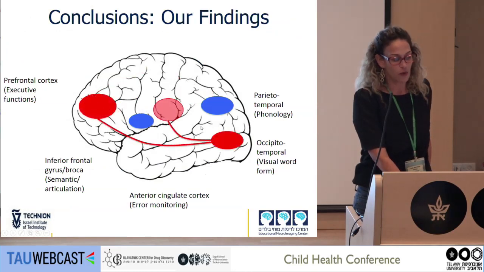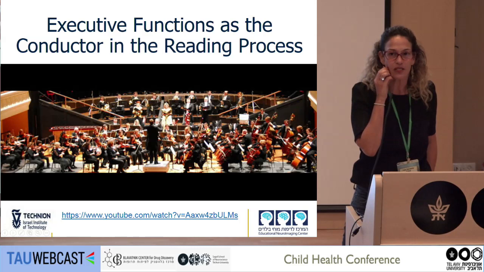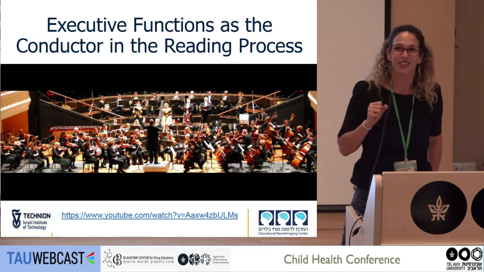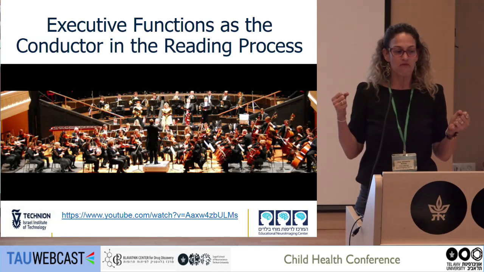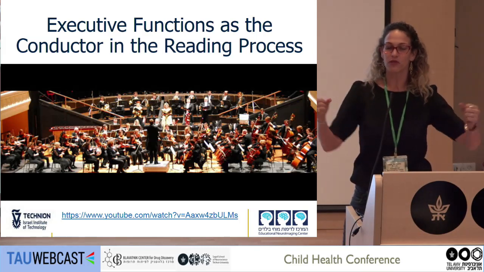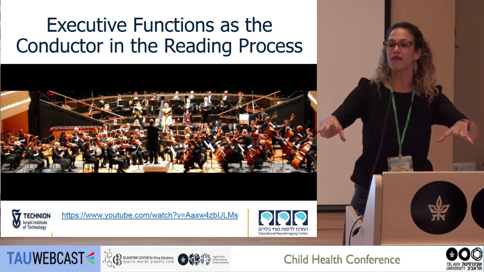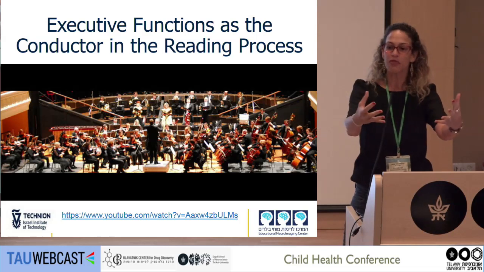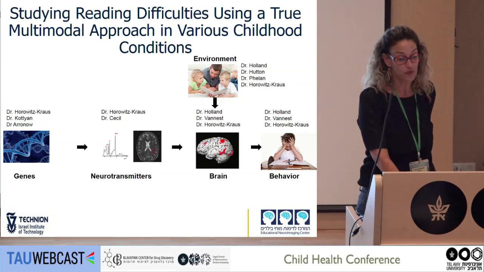And I will pass through this, and I will say that we hypothesize that executive functions are like the conductor in an orchestra, whereas all the tools, language, visual processing, have to be there, and executive functions put them together in order to eventually be able to read.